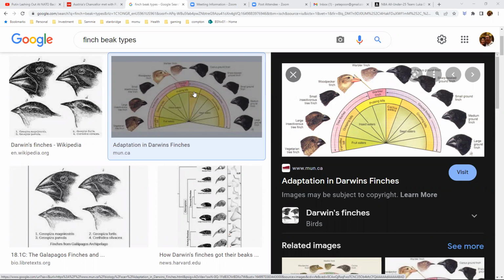But as he goes from island to island, what he saw were very similar but different birds. And what he realized was each bird is perfectly adapted to that one small island that they were on, not any other ones. Some of these islands have a lot of resources, a lot of fresh water. Some had a bunch of insects.